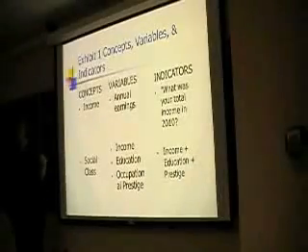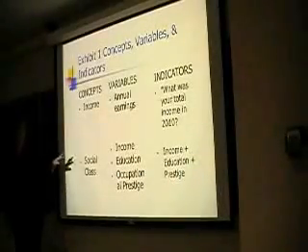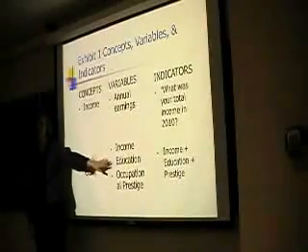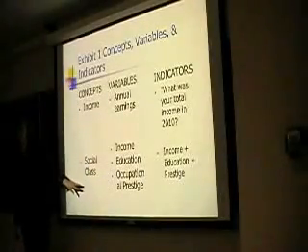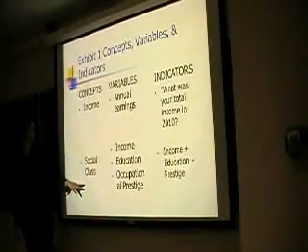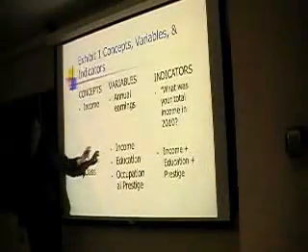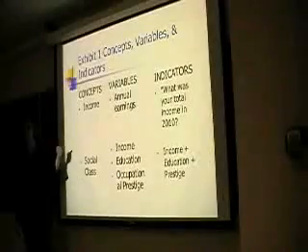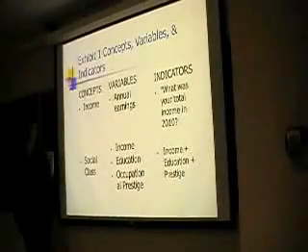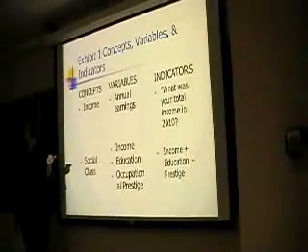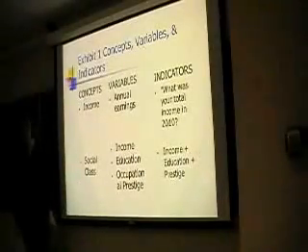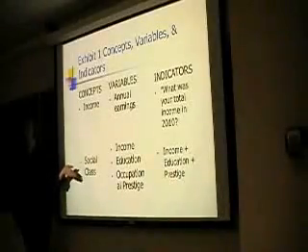We try to break it down into variables. Unless we had more than one of these variables measured, we wouldn't necessarily have social class, right? A variable that would be part of measuring social class would be income. Another could be educational attainment and occupational prestige. And there might be others.